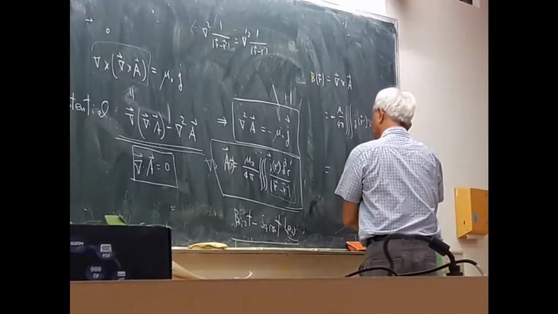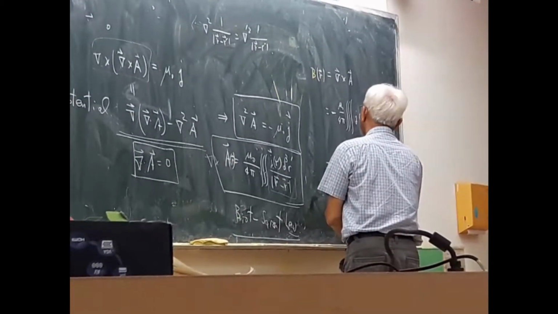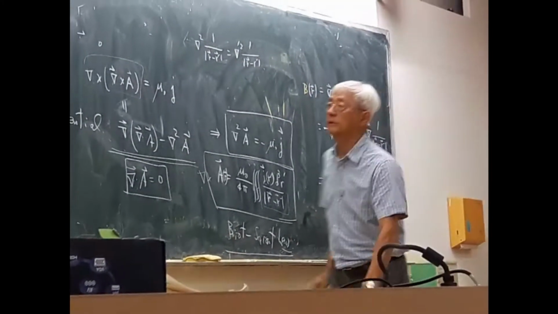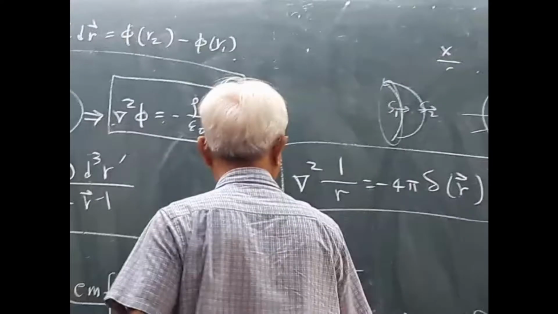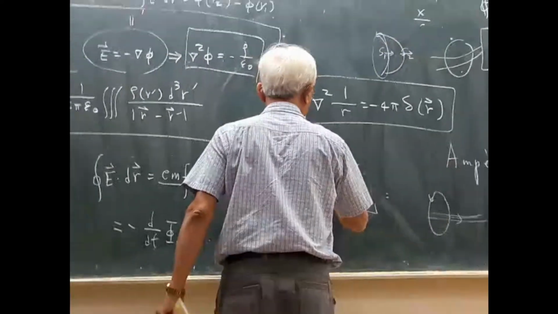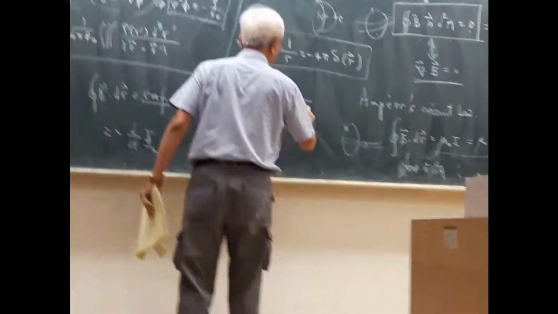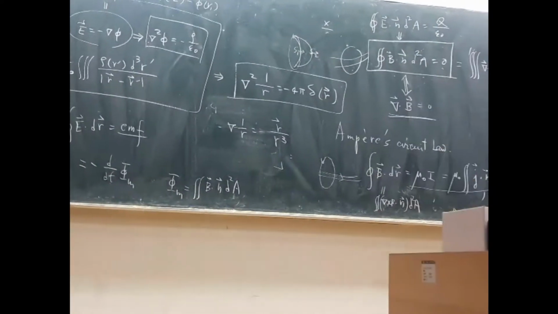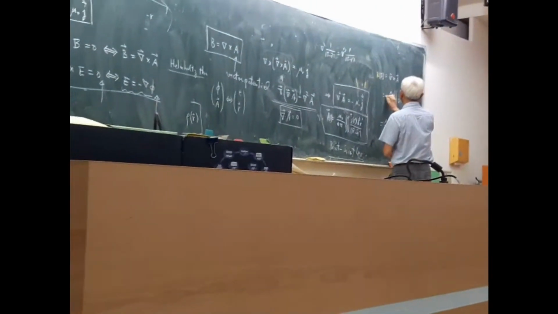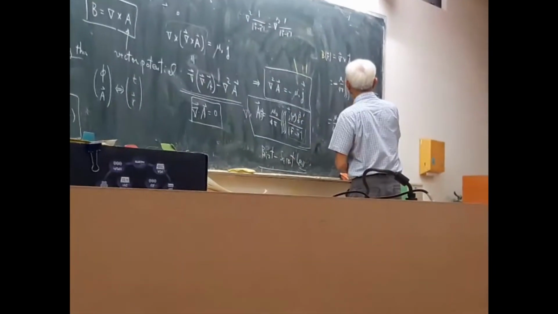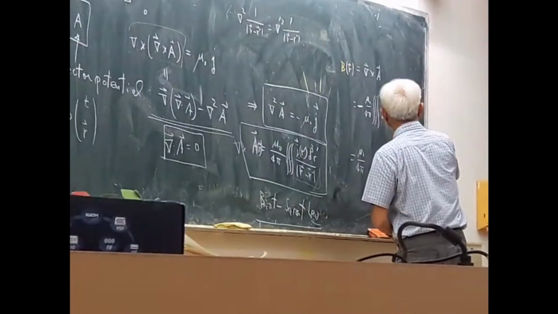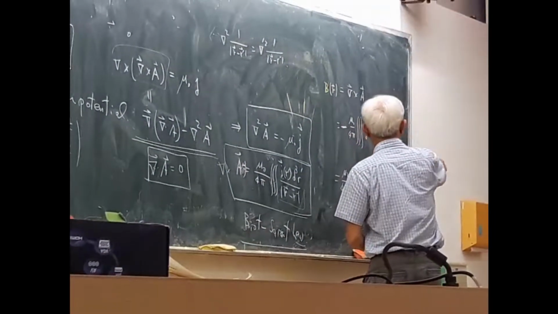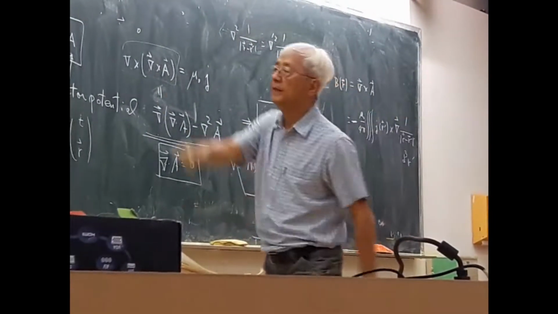So that one is equal to mu naught over 4 pi. Gradient of 1 over R minus R prime equals minus R minus R prime over the cube. So the minus sign is the minus sign here. This minus sign is because you are changing the order of the vector product, and then again you have a minus sign there.